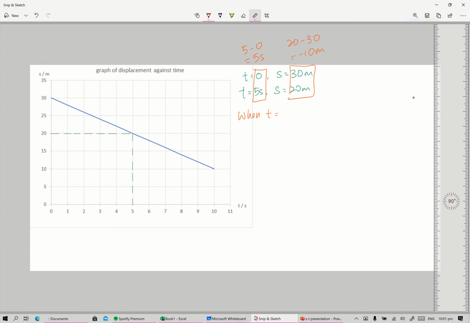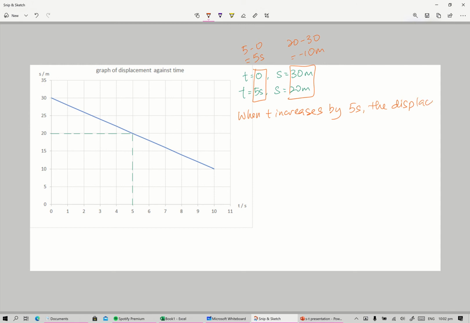So when t increases by 5 seconds, the displacement of the object decreases by 10 meters.